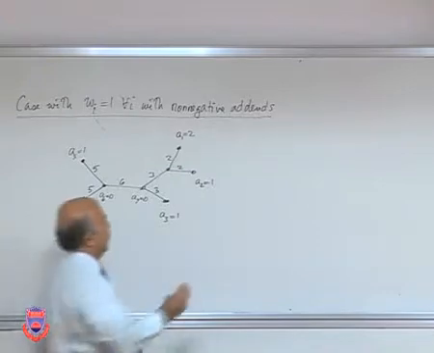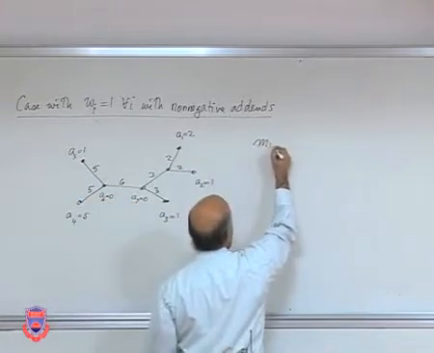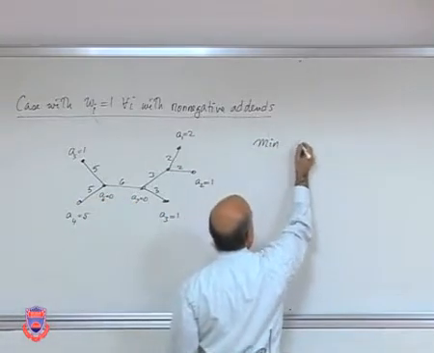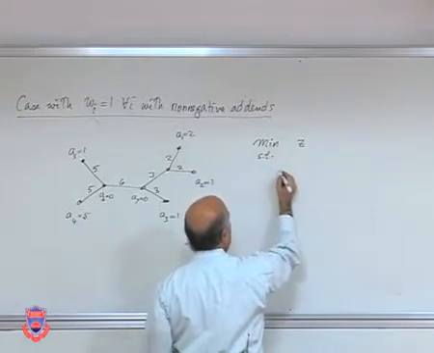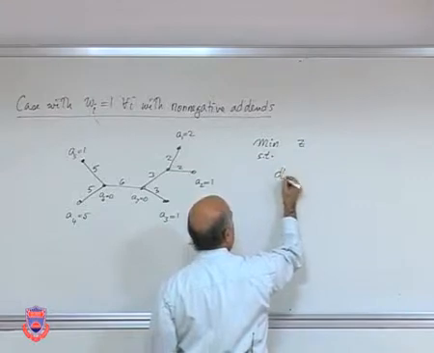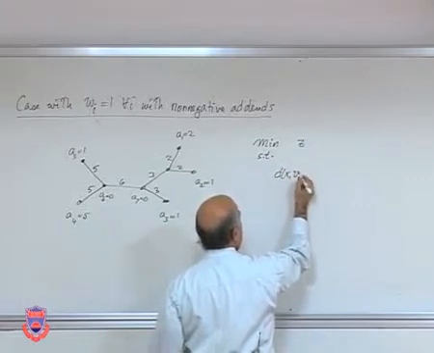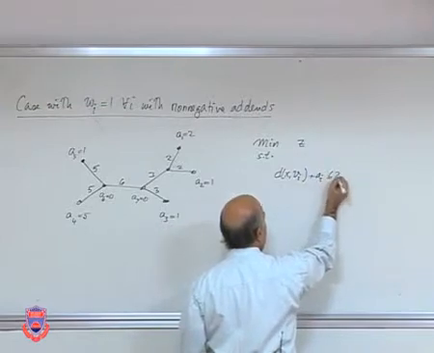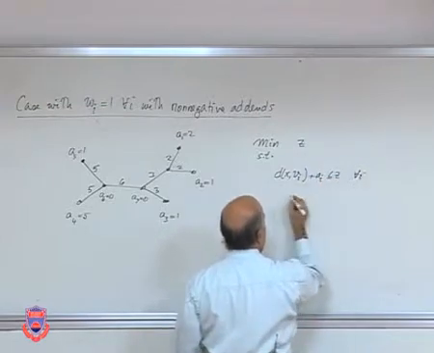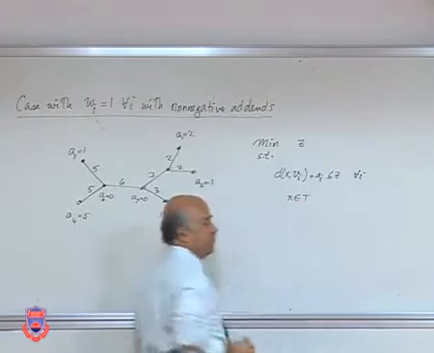Now, what am I trying to do? I'm trying to find z and a point x such that the distance from x to vi plus ai is less than or equal to z. That's what I'm trying to do.